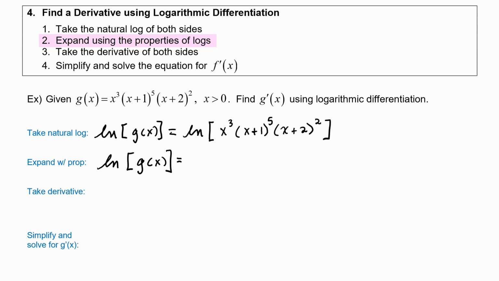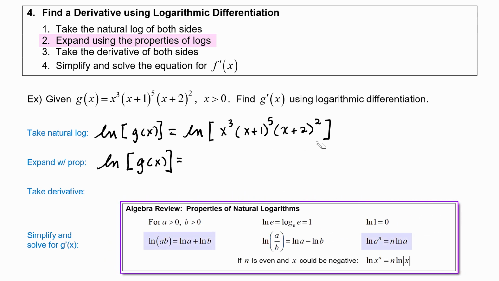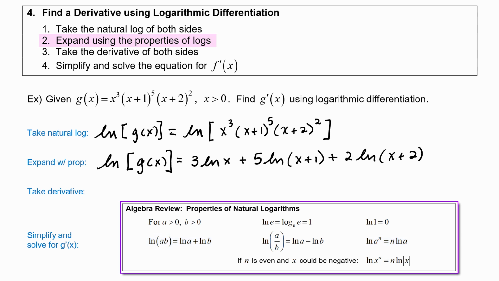On the right-hand side, we can apply the properties of logs, and because we have a product here, we're going to turn it into the sum of 3 times the natural log of x plus 5 times the natural log of x plus 1 plus 2 times the natural log of x plus 2. Now in this step is where it was important to note that because x is greater than 0, this argument here is positive.